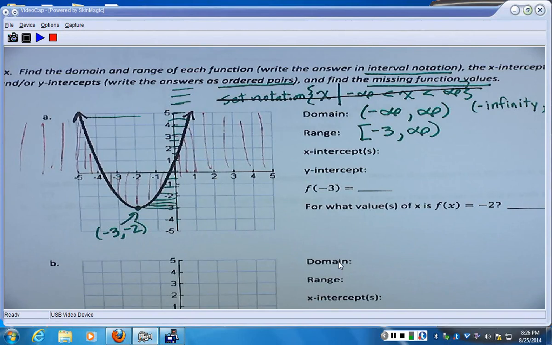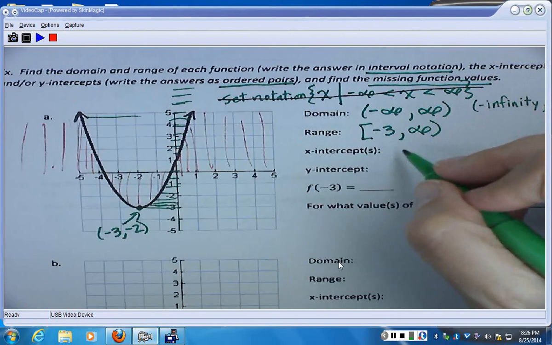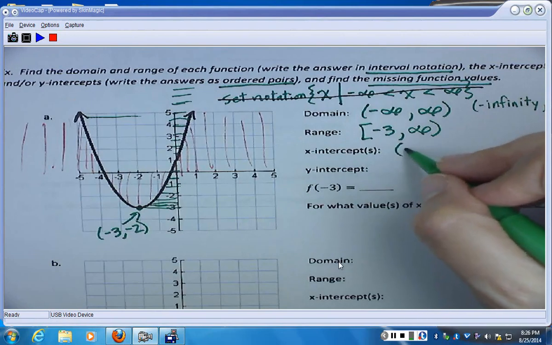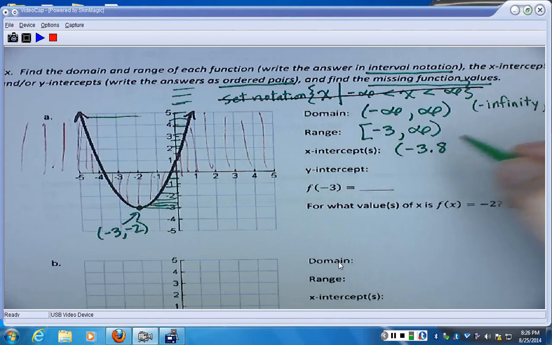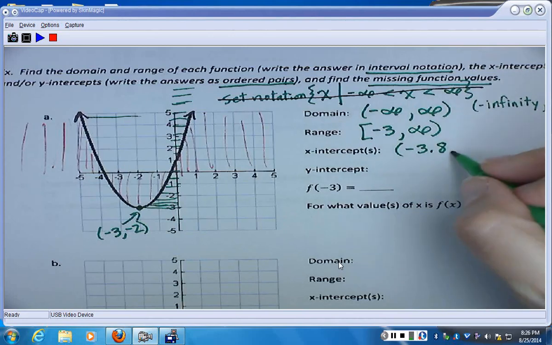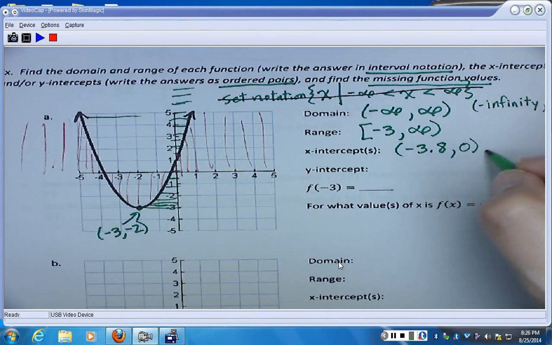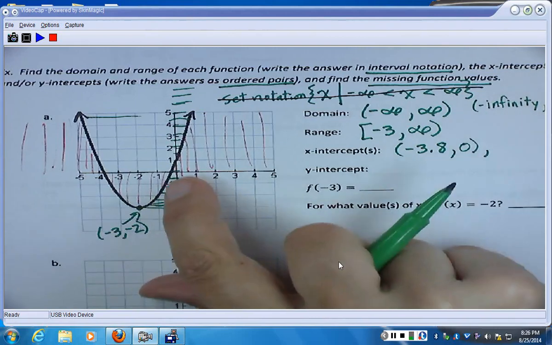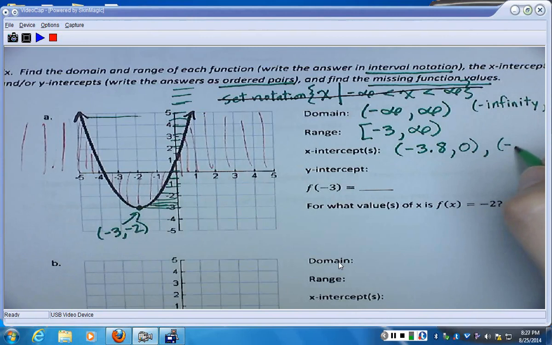And then the x-intercept, just approximate it. There are 2 x-intercepts. Negative 3.75, yeah, you can do that. Negative 3.8 maybe, or 3.7. It doesn't matter. Comma 0. And the other x-intercept, negative 0.2 or something, or you said 0.4.